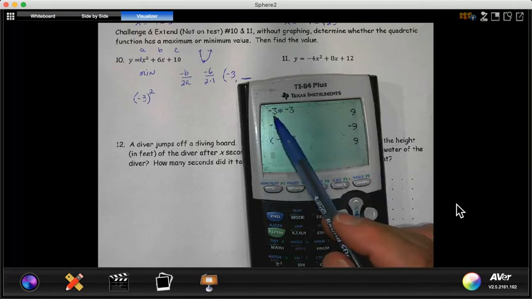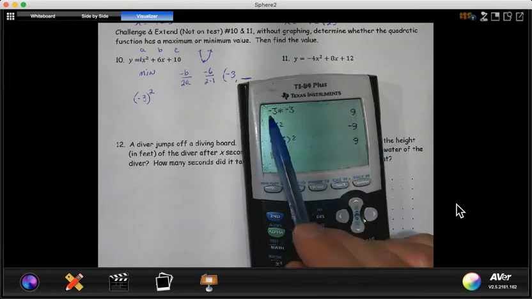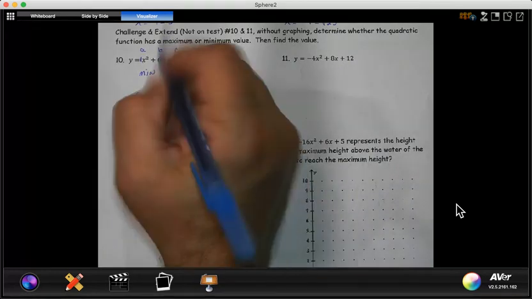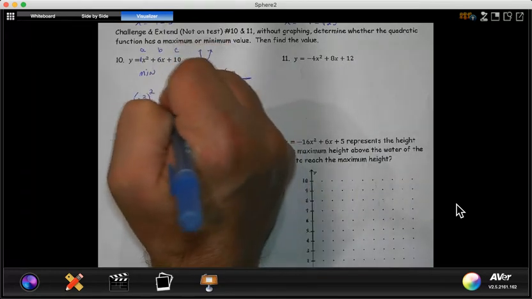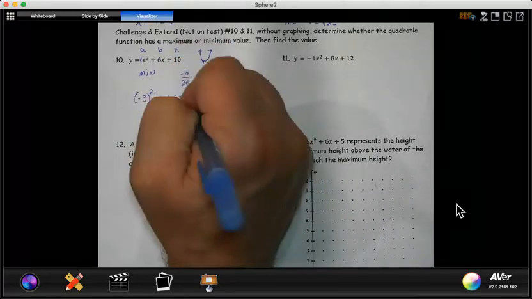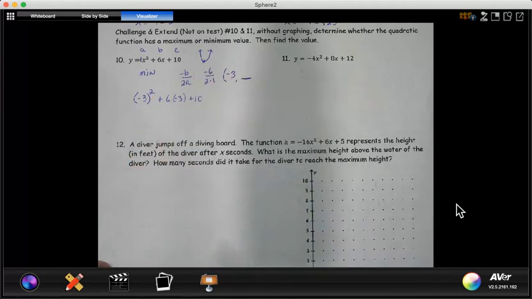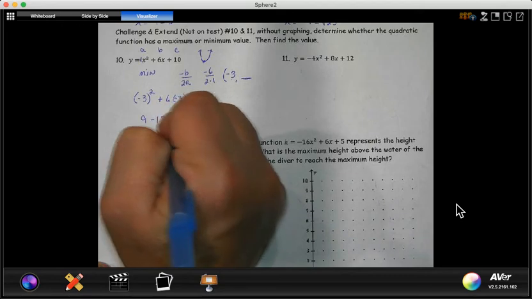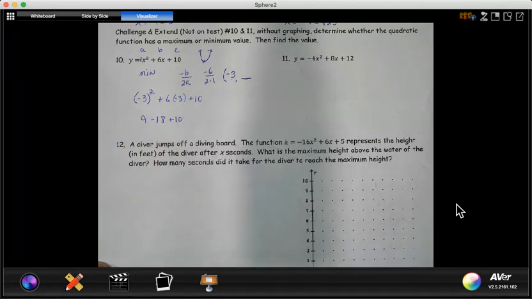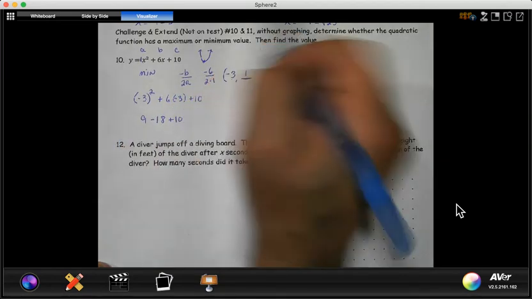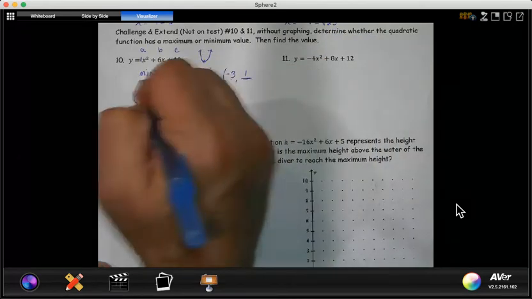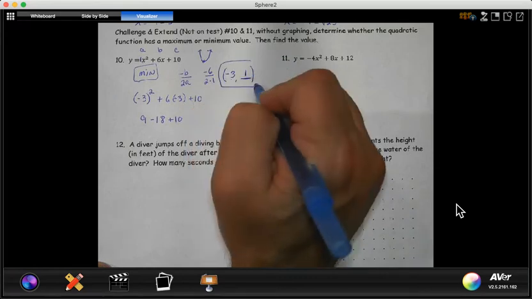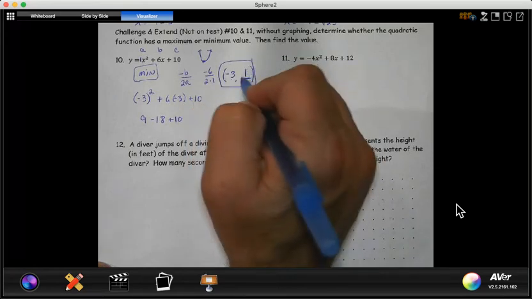A negative times itself is a positive, okay? Plus 6 times negative 3 plus 10. That's 9 minus 18 plus 10, which is 1. So we know it's a minimum, and we know that minimum value is 1.